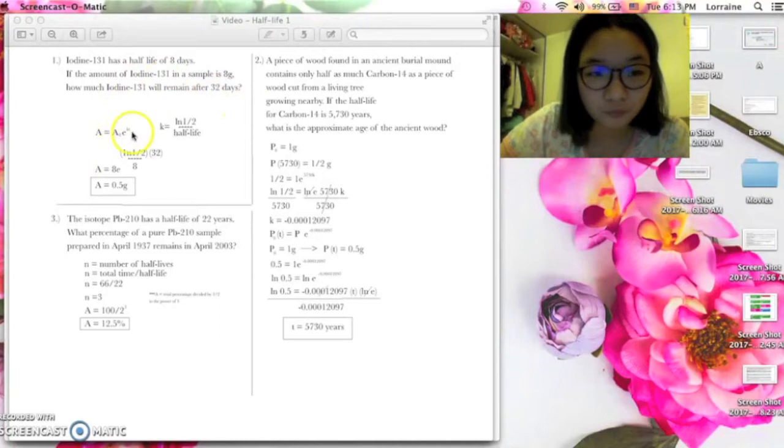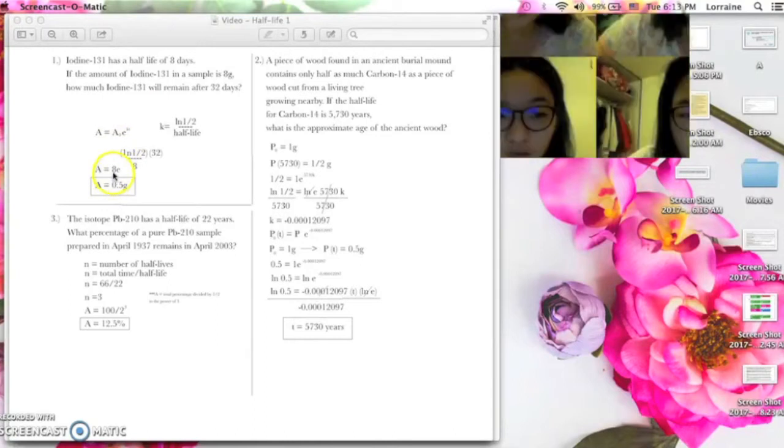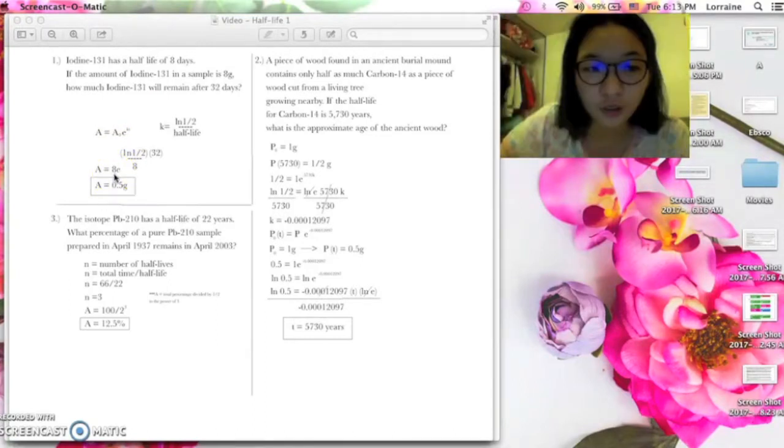For the original sample of the iodine, which is 8 grams, we will put that as the value for A sub 0, which is 8. So that's the original amount of iodine 131 in the sample.